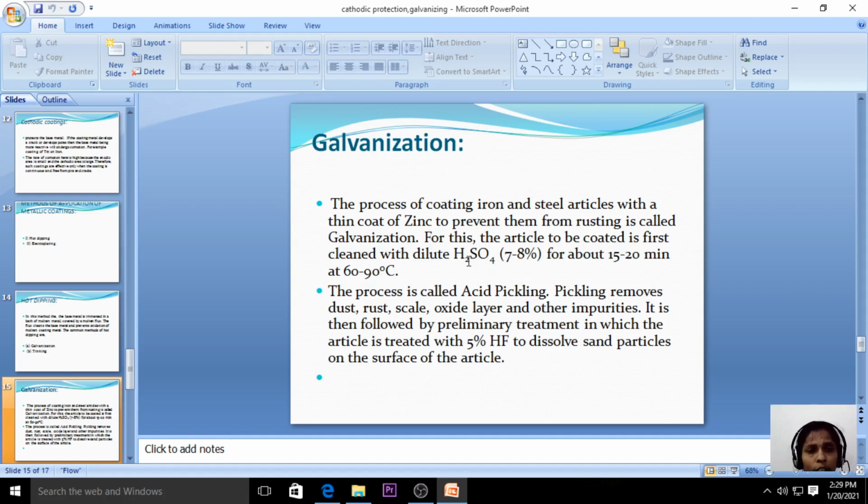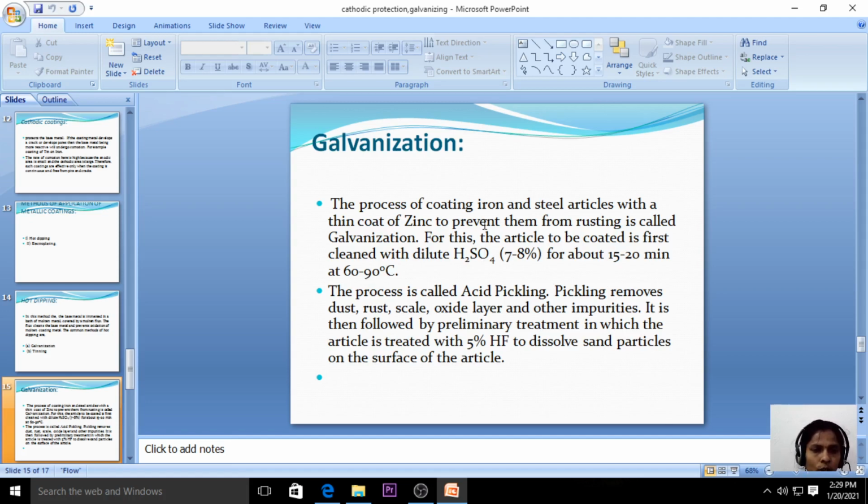So initially the surface of the base metal must be clean. To clean that surface, it is first cleaned with dilute sulfuric acid. This sulfuric acid concentration is around 7 to 8%. The cleaning is done for about 15 to 20 minutes at 60 to 90 degrees centigrade.